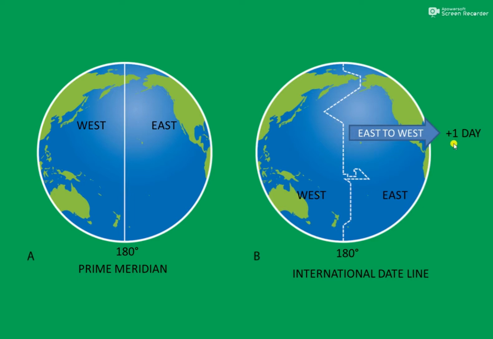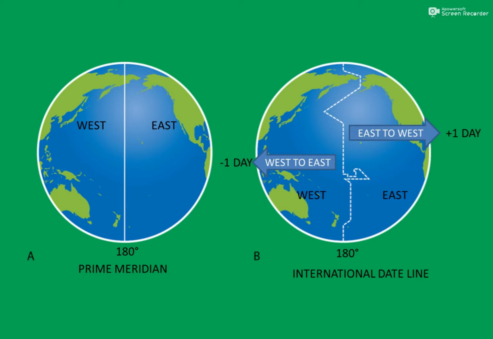Can you see here? Yes. And when we move from west to east, we lose a day. Means minus 1 day. Thus, it is very important to write degree E or degree W when we are writing about meridians, okay?